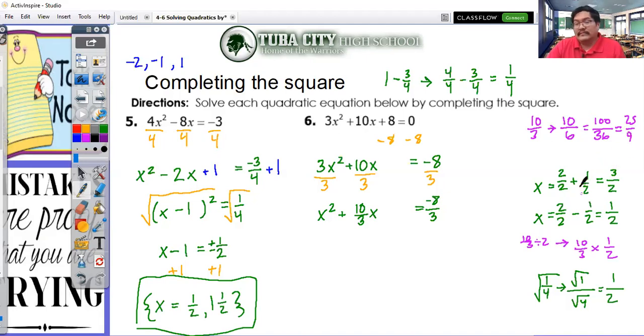So all I did was just simplify it there. Plus 25 over 9.